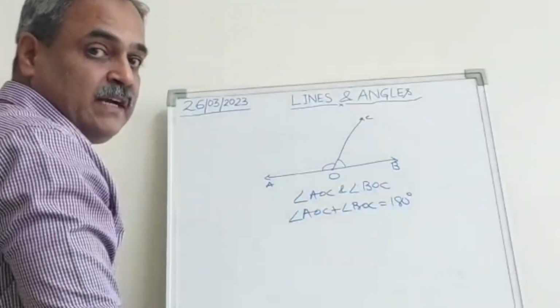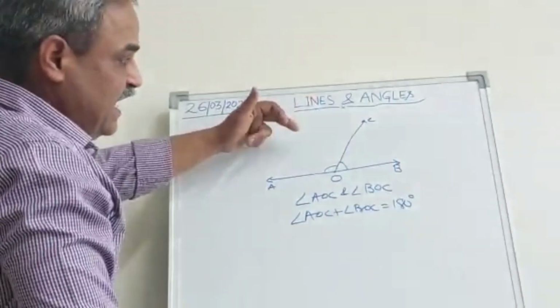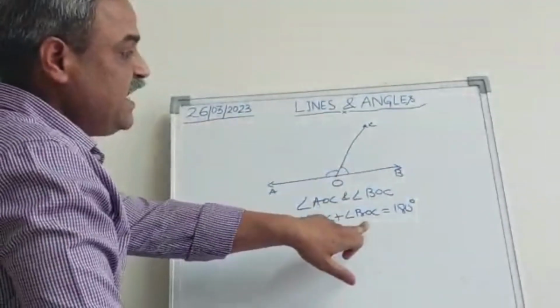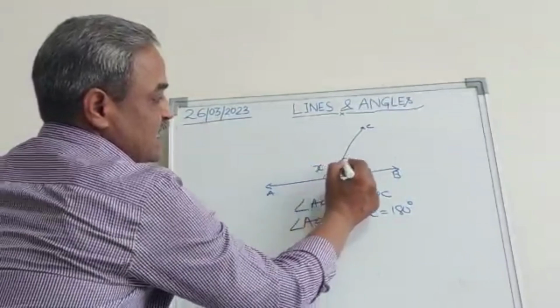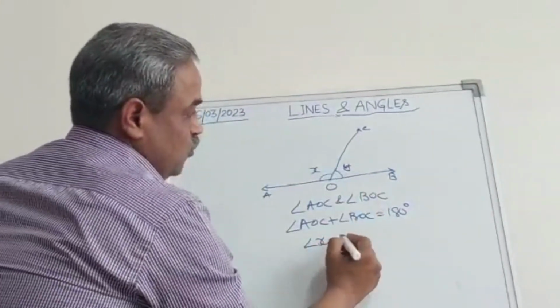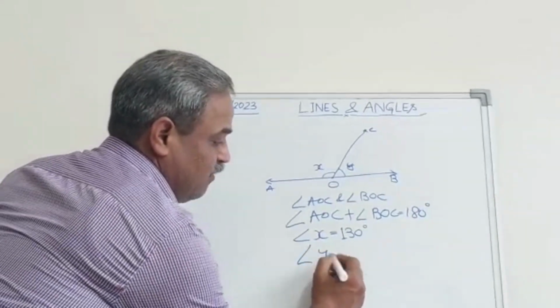We can further find, if we are given any one angle, the second angle by subtracting it from 180 degrees. Suppose this is angle X and this is angle Y, and angle X is given to be 130 degrees. Then what is the value of angle Y?